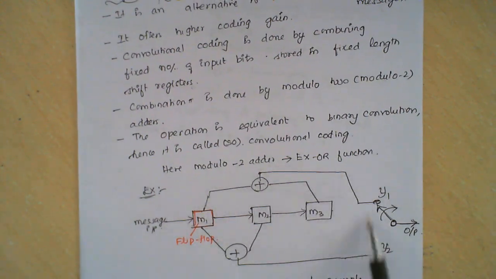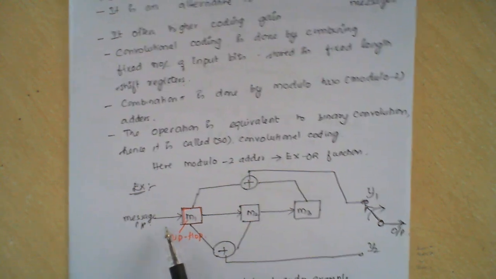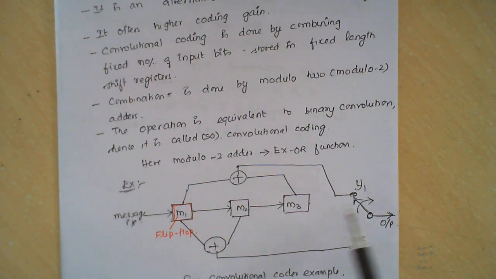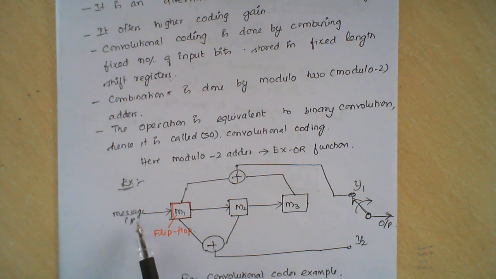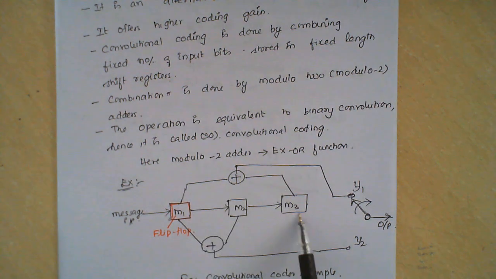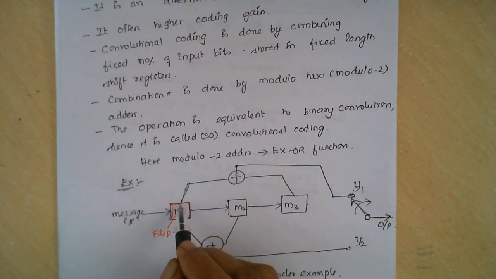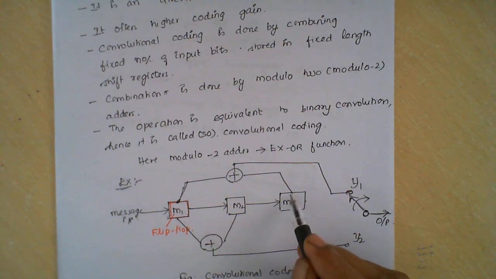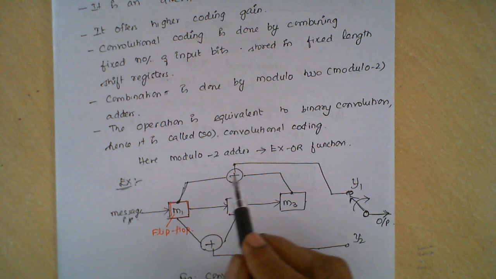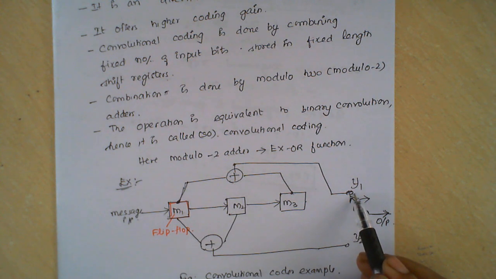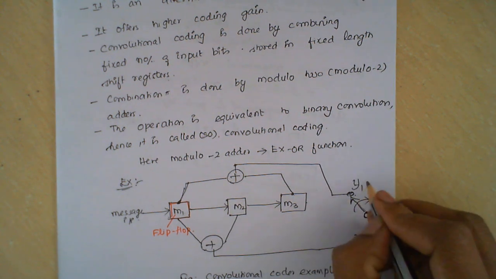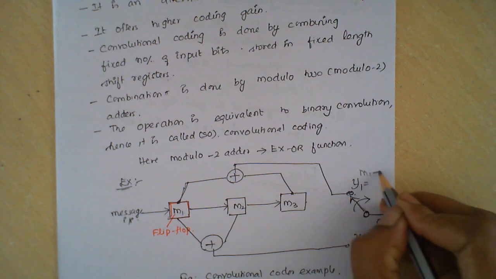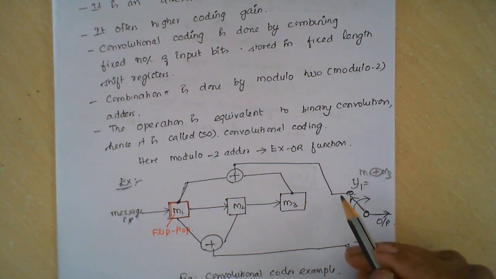For this diagram, 3 flip-flops are given, and this is fixed in length, and the output is produced based on the combinations of these connections. You could see here it is connected with M, M1, and M3. So the output Y1 is nothing but M1 XOR M3.